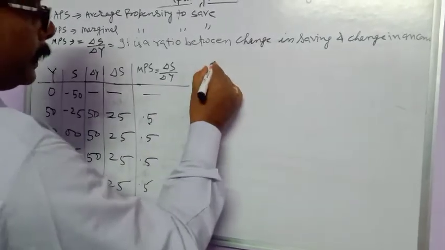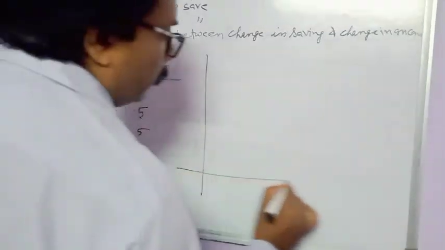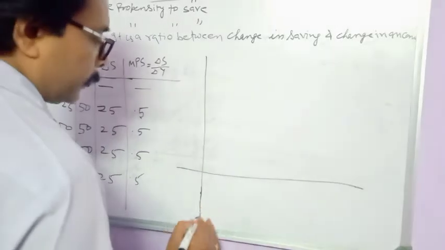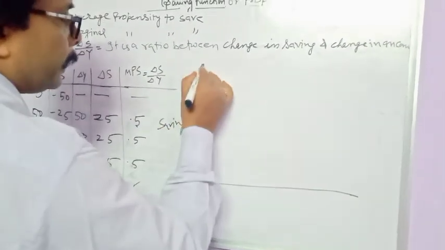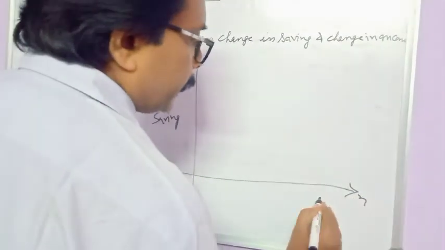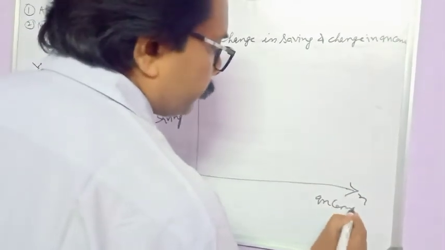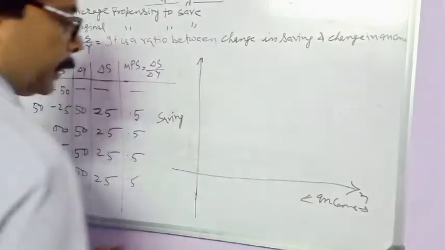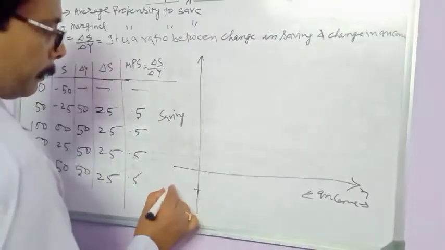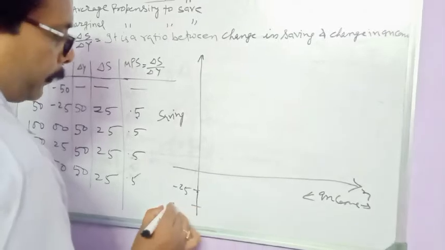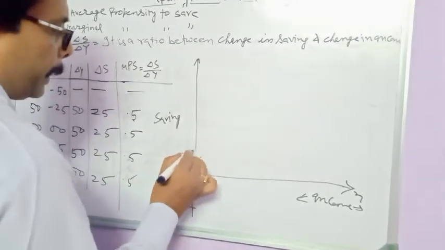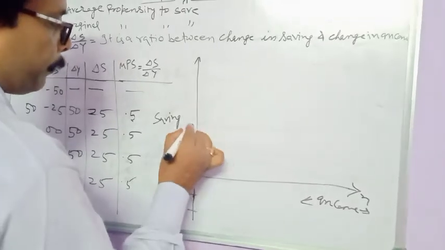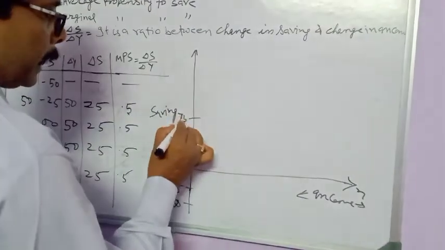Again we will take the same thing. Now it is the saving line. On the y-axis, that is the saving. On the x-axis, that is the income. Clear? So suppose saving is minus 25, again minus 50, 0, 25, 50, 75 and so on.